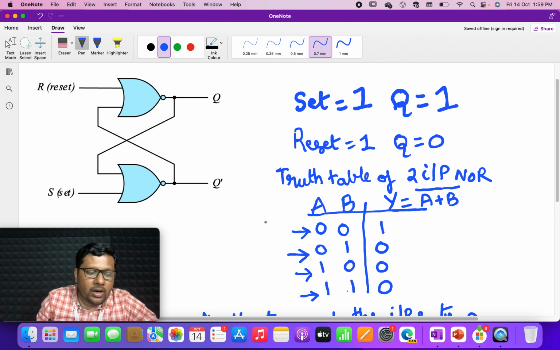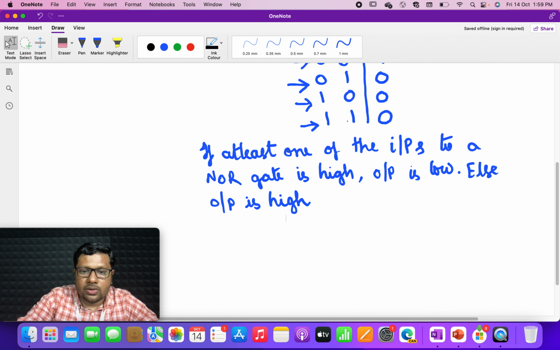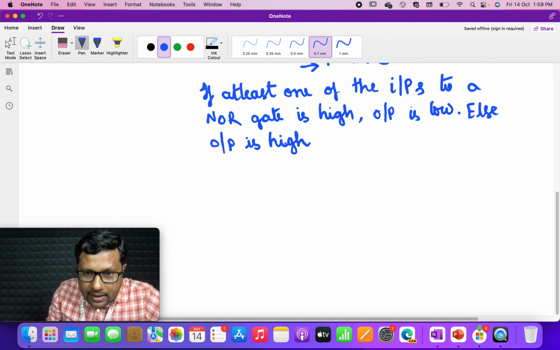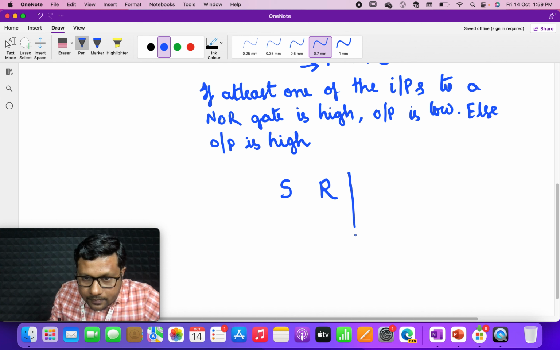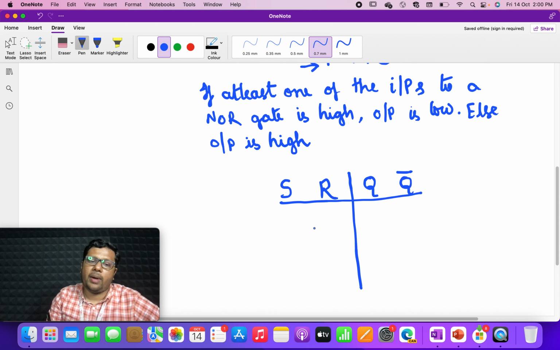Now, in order to analyze any circuit, we can try and come up with a truth table of that circuit. So here I'll come up with the truth table of this SR latch. Let me identify the inputs and outputs. The inputs are S and R, on one side of the truth table, and the outputs on the other side, Q and Q complement, Q bar or Q prime, whatever.